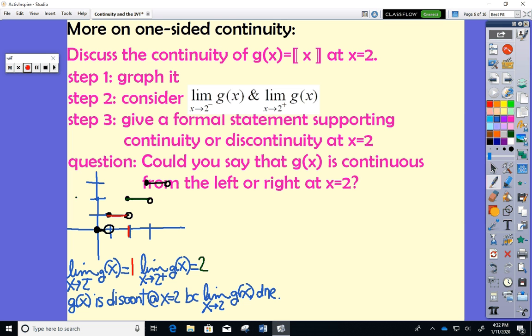Well, I hope you see that you could say that the graph is continuous from the right-hand side, which was the step I've outlined in green. From the left-hand side, it's not because there's a hole in the graph. But I could say the green step shows that g of x is continuous at x equals 2 from the right.